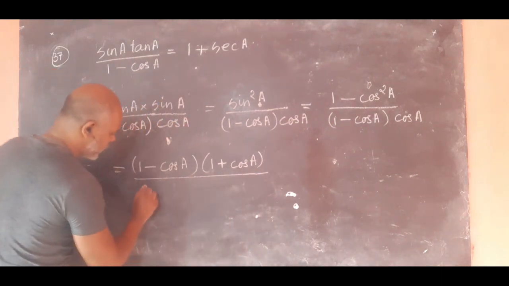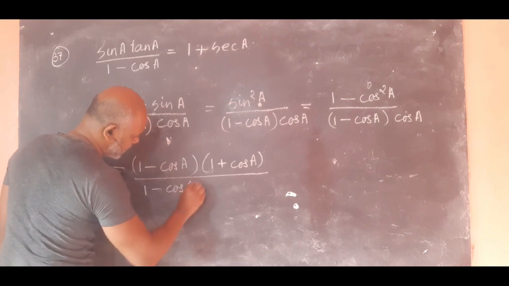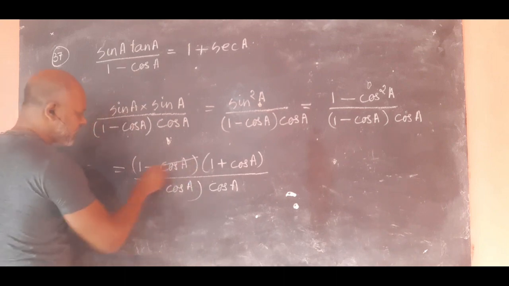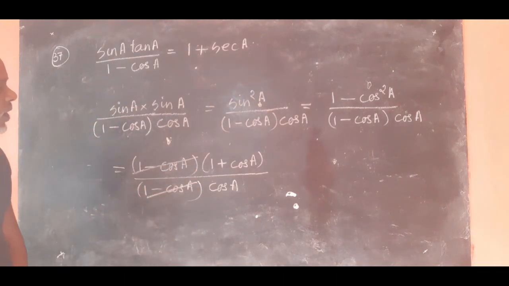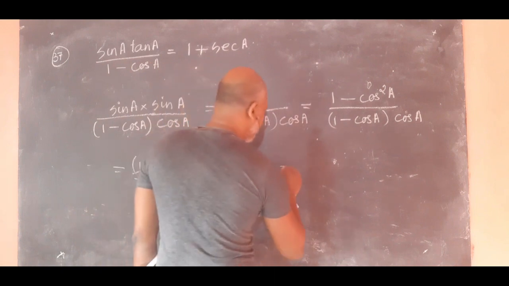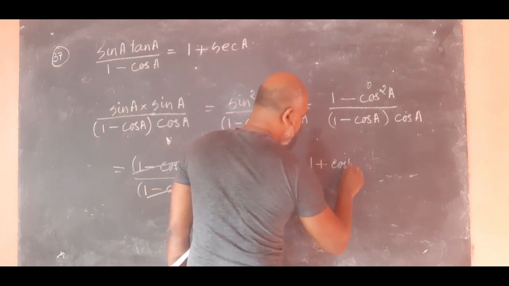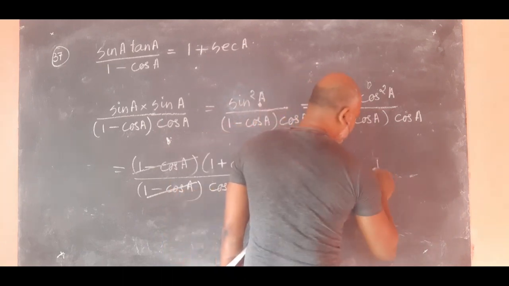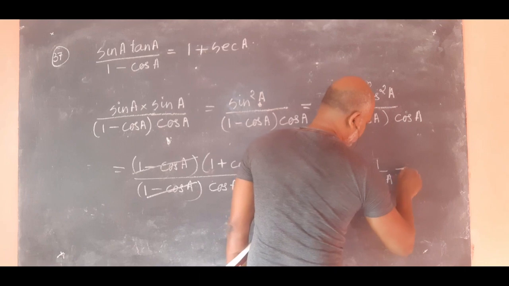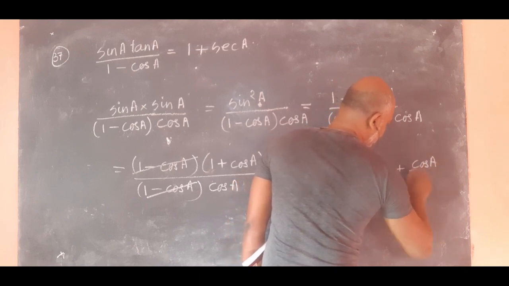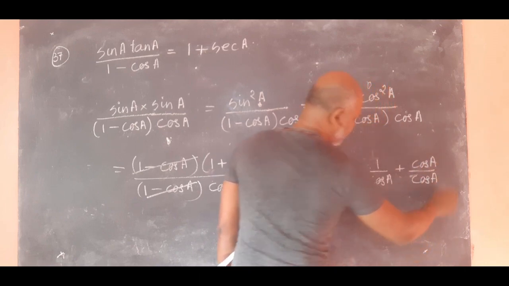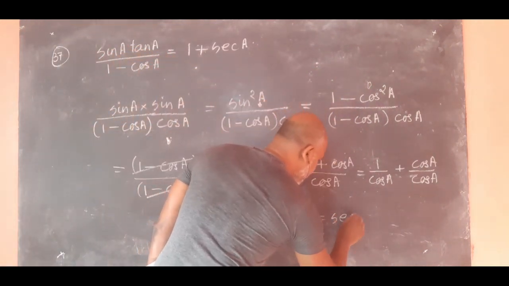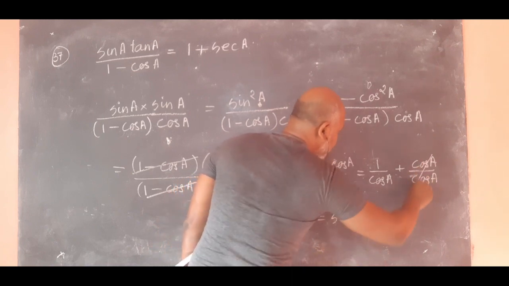These two cancel out, and we have 1 plus cos A by cos A, which is 1 by cos A plus cos A by cos A. So 1 by cos A is sec A, plus cos A by cos A is 1.